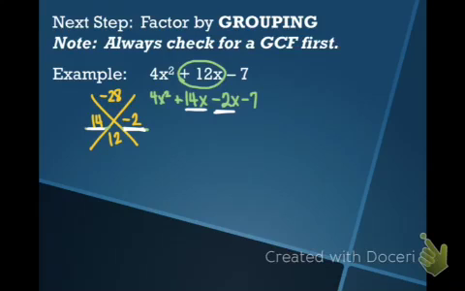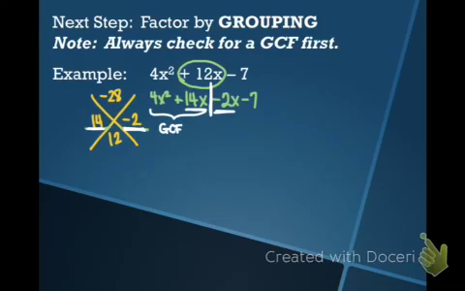Okay. The next step now, and this is why this is called grouping, you should always have 4 terms at this point. You're going to chop it in half right after the end of the second term. Remember that negative belongs to the 2, so don't include that when you chop it off. And what we're going to do now is we're going to look for a GCF twice.